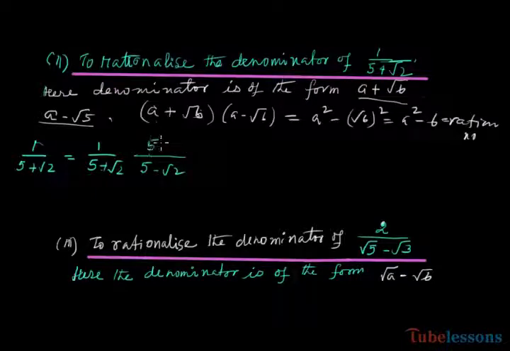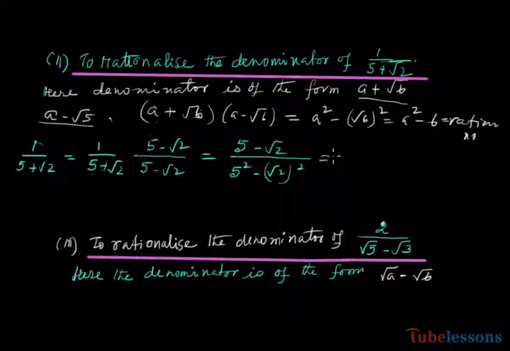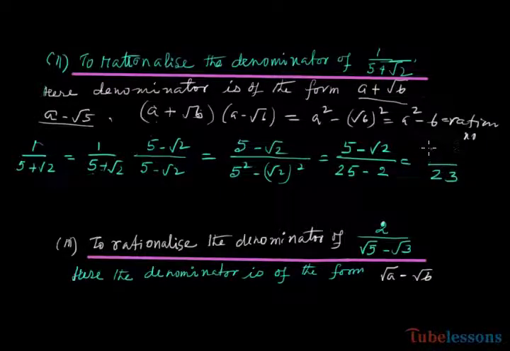The numerator has no change, keep it like this. And now this one, you can write 5 square minus root 2 square. 5 square is 25, and root 2 square is 2. So it becomes 23, which is a rational number, so it is rationalized.